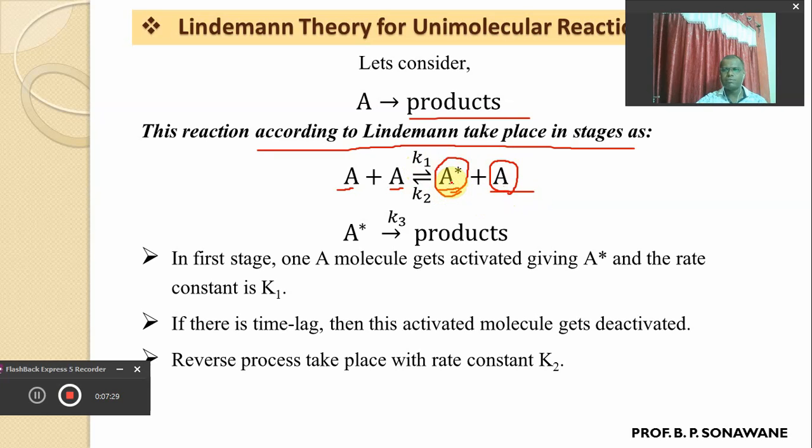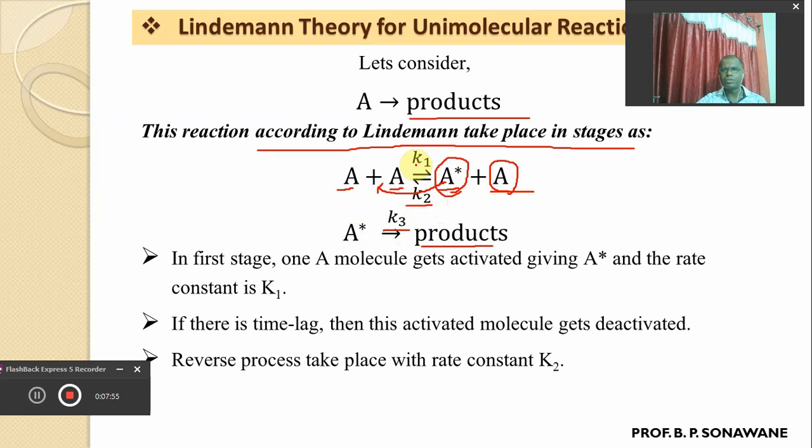This A star, which is the activated molecule, may undergo deactivation. If the time lag is large, then it again undergoes deactivation to form the reactant again with the rate constant K2. Or this A star may undergo decomposition to form the product with the rate constant K3. So dear friends, there are three rate constants.